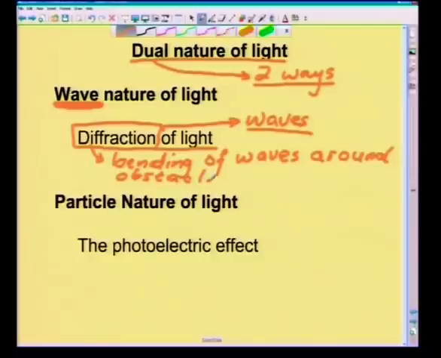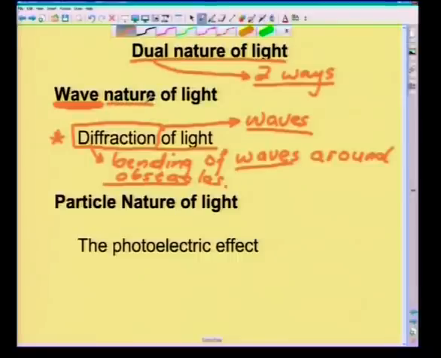Okay, now that's a very simple way of defining it. I'm just trying to explain here to say, when we look at waves, waves undergo diffraction. Now, light does undergo diffraction as well. And because light can undergo diffraction, we say we can use diffraction to explain that light has got a wave nature.